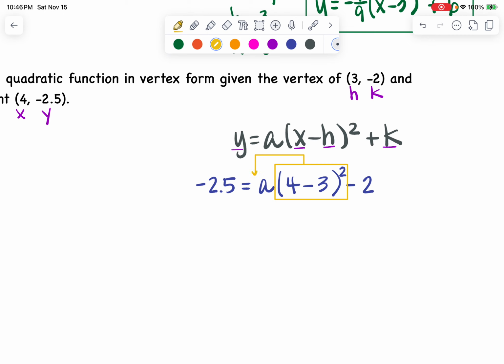There we go. So if we do all this, 4 minus 3 is 1. 1 squared is 1. So this is going to just turn into a 1a, which of course you can just write a. You don't have to write the 1. I'm going to put that 1 there though so I don't lose anybody. Hold on, let me rewrite it. There we go. And now we need to solve for that a.